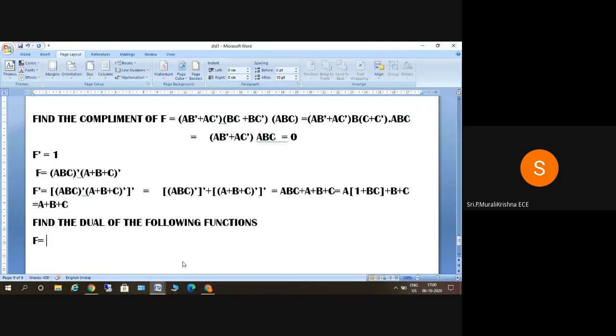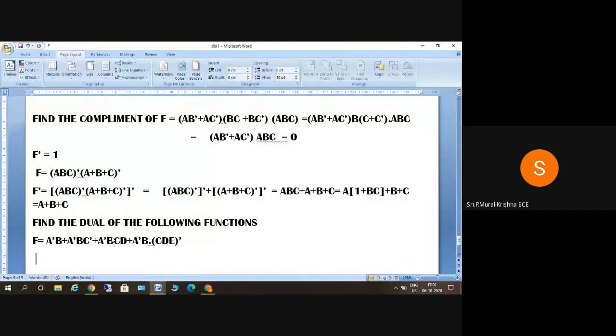So f is equal to A bar B plus A bar B C bar plus A bar B C D plus A bar into B into C D whole bar.